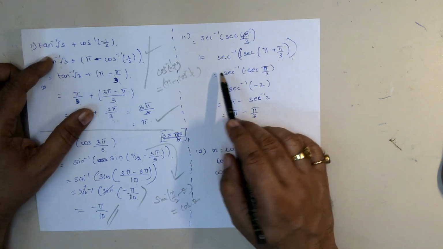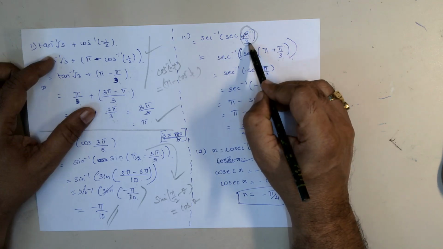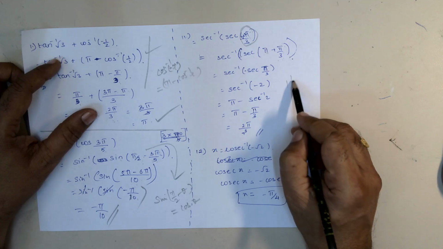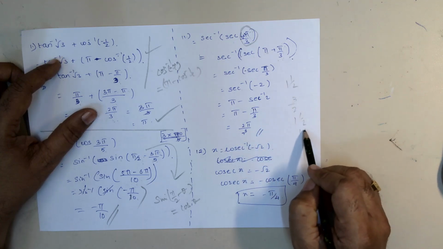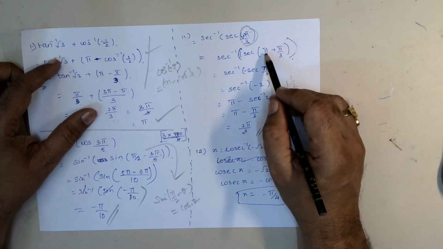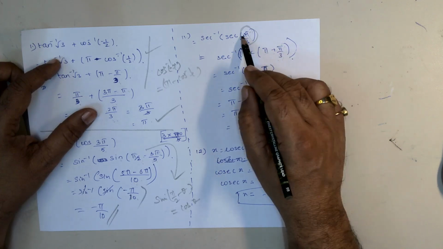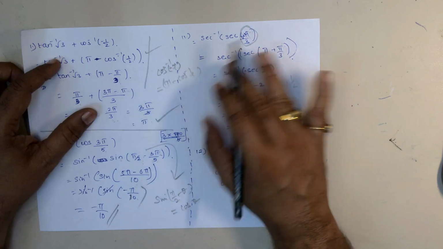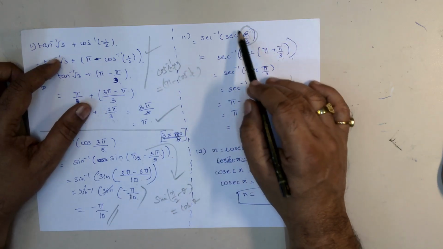Here you are taking a mixed fraction and splitting it into two fractions. For example, 3 by 2 is 1 and a half, that is 1 plus 1 by 2. Likewise, 4 pi by 3 is pi plus pi by 3. When you solve this, you get 4 pi by 3. So that is the idea. We are applying different strategies.